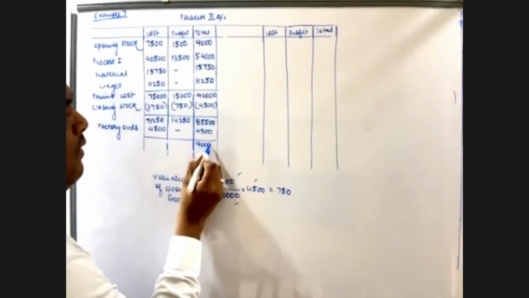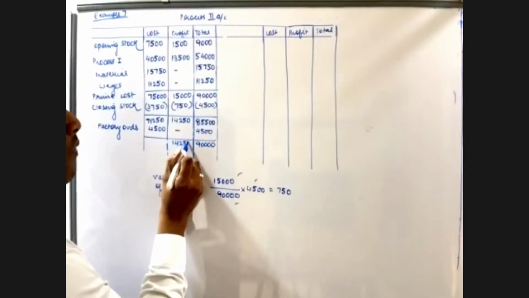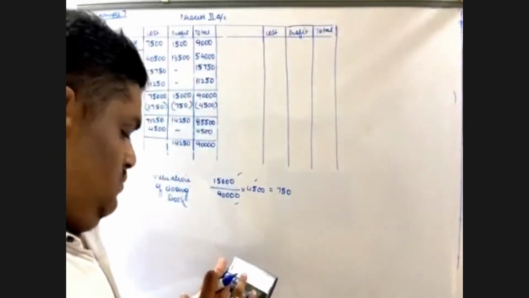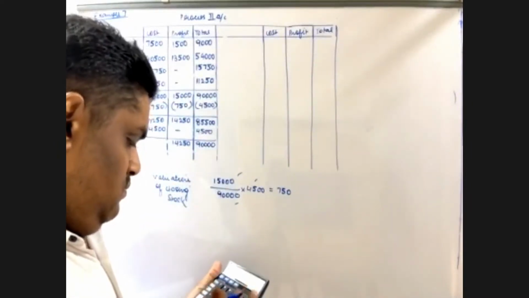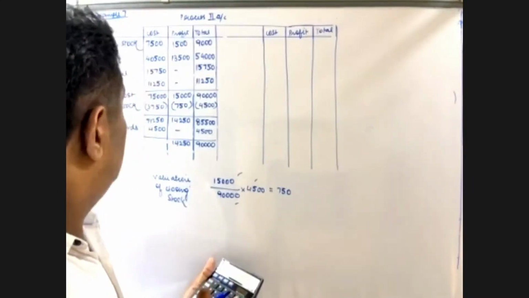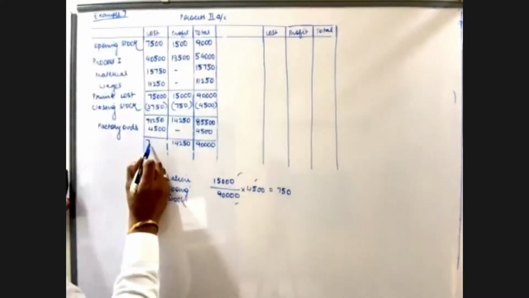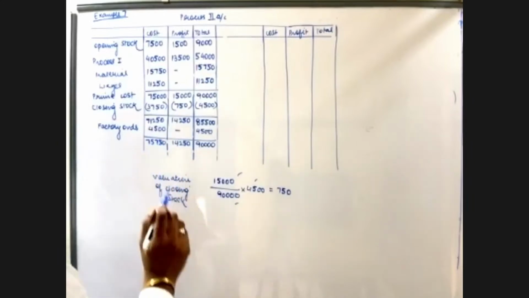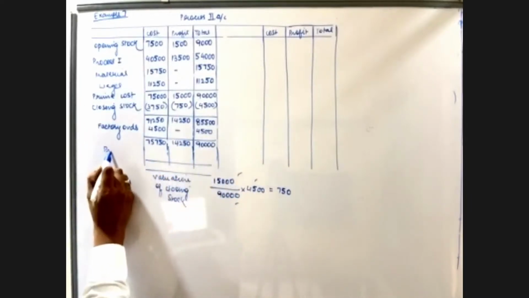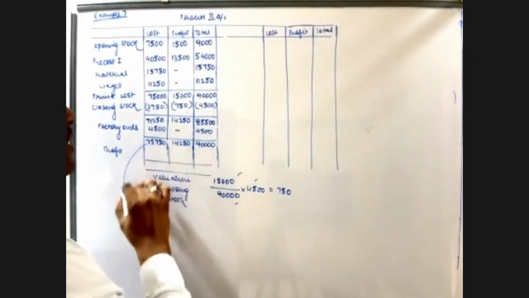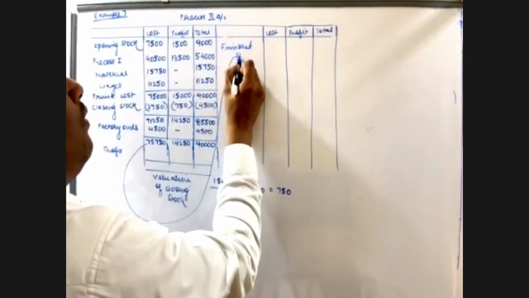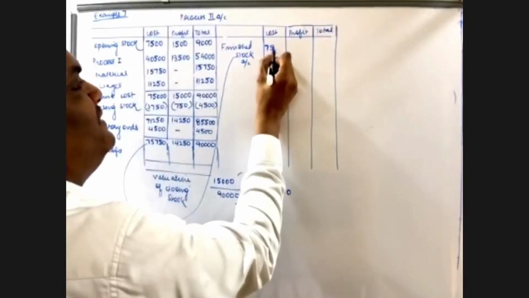Therefore, my total cost will be 750. Now this figure will remain unchanged, that is, finished stock account will transfer 75,750.